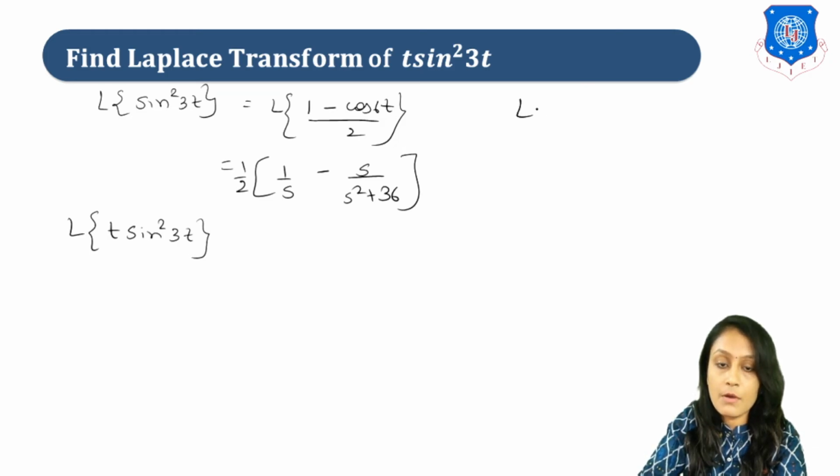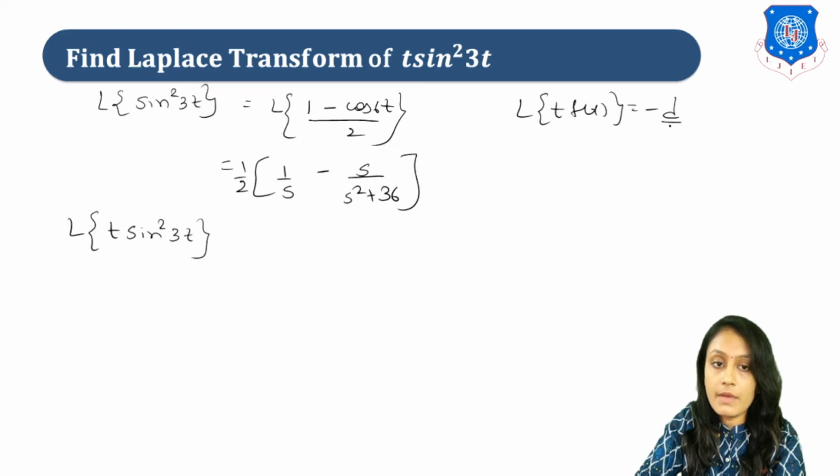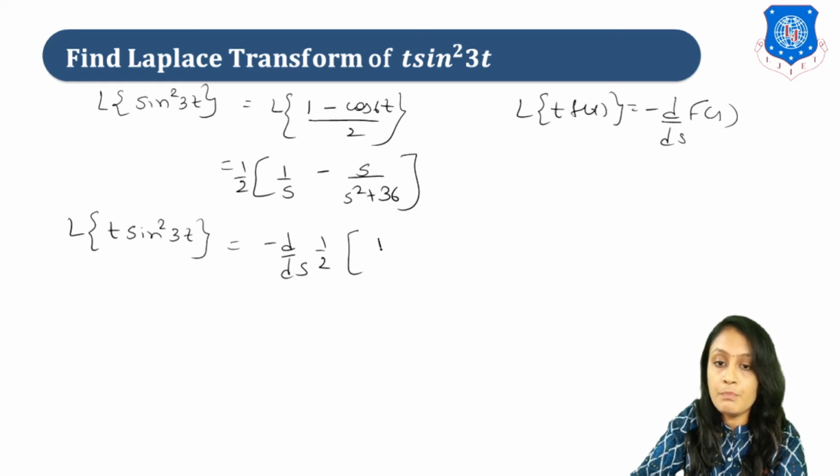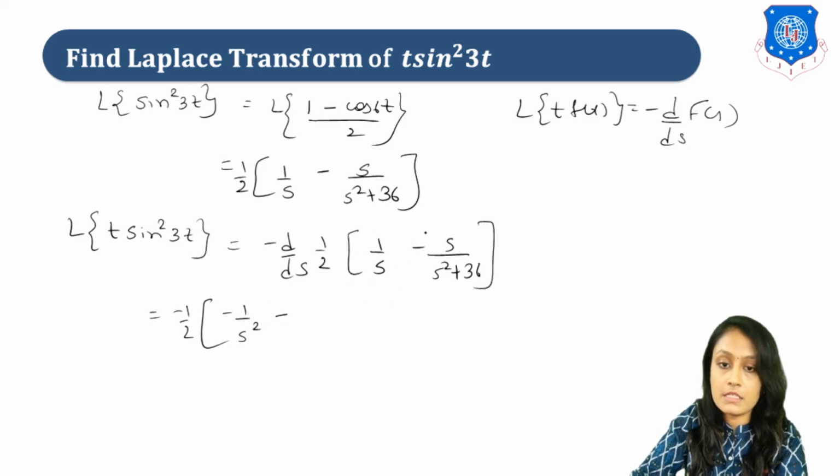Now we know this formula: the Laplace transform of t f(t) is minus d by ds of F(s). So this is minus d by ds of F(s), and F(s) is this term, 1 by 2 times 1 upon s minus s upon s square plus 36. Take the minus and 1 by 2 outside. The derivative of 1 upon s is minus 1 upon s square, minus. Now again we have to apply the division rule.